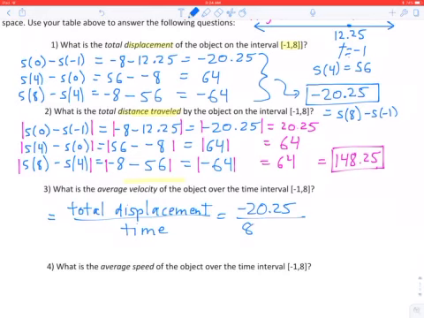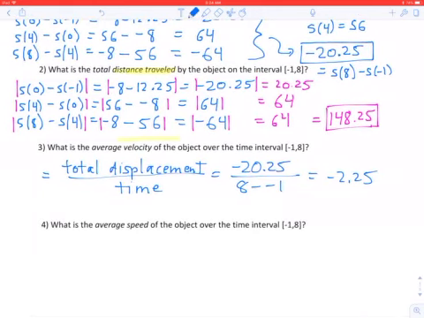The time would be 8 minus -1, so -20.25 divided by 9. And you get a -2.25. That's average velocity.